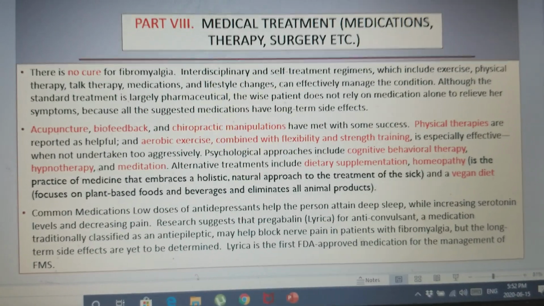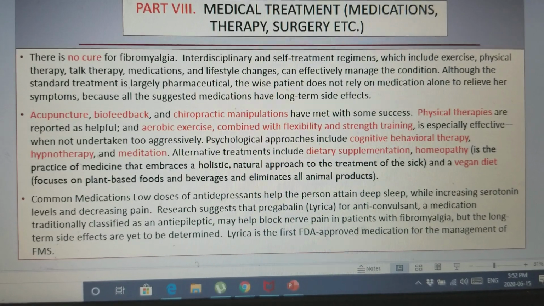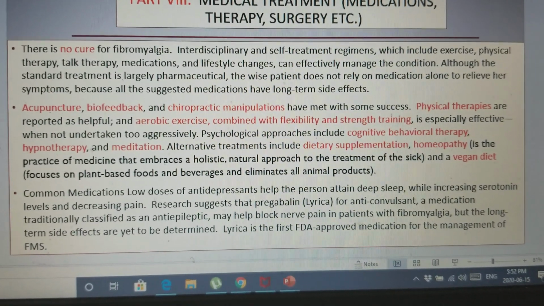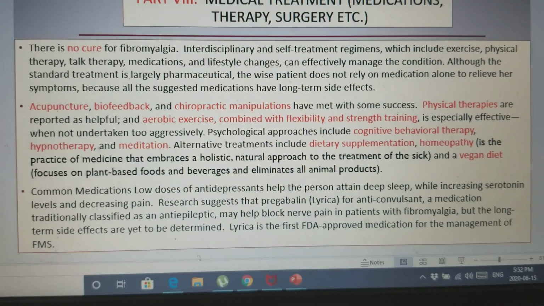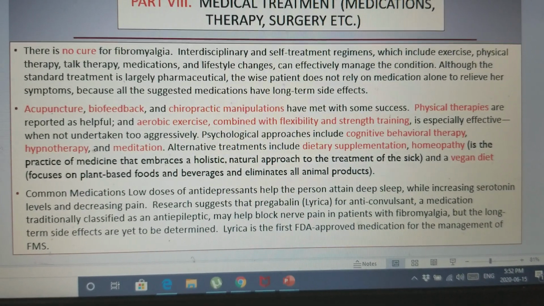Now we move on to the medical treatment, such as medications, therapy, surgery, and others. We can see here that fibromyalgia has no cure.